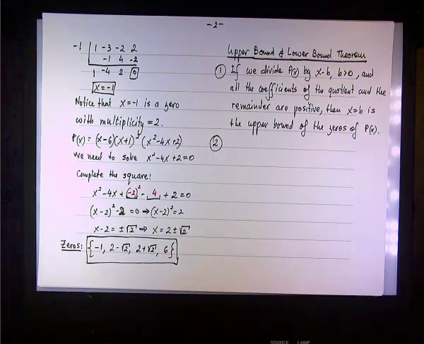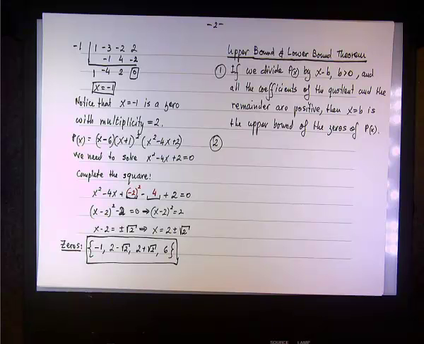Now, where this comes into play: you have a polynomial and you want to know on what window to graph the polynomial. You want to make sure that you don't miss any zero. Normally by default, when you graph on our devices, graphing calculator or even a graph program, we go -10 to 10 unless we manually change that, right? So it would be convenient to know if +10 is the upper bound for the zeros of a polynomial.